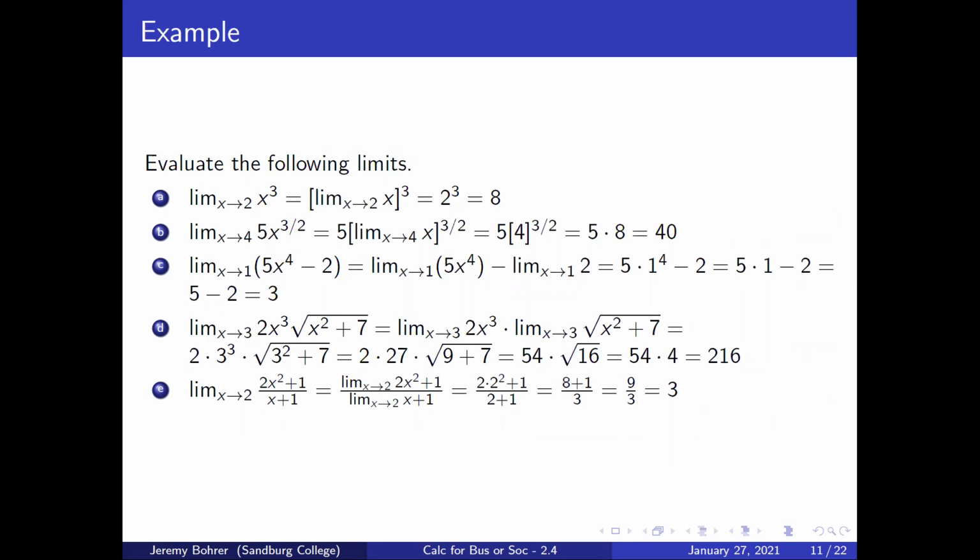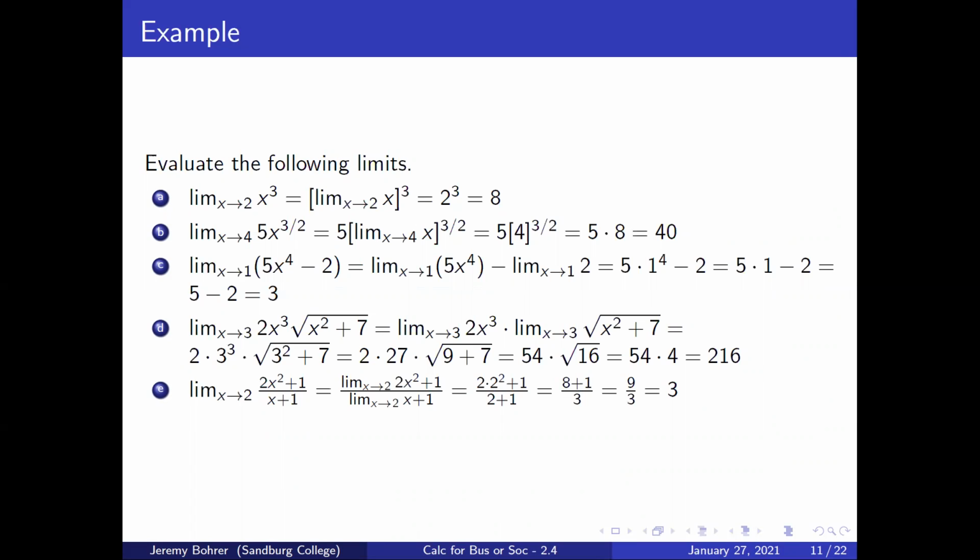The limit as x approaches 1 of 5x^4 minus 2 equals the limit as x approaches 1 of 5x^4 minus the limit as x approaches 1 of 2, which is 5 times 1^4 minus 2, which is 5 times 1 minus 2, which is 5 minus 2, which is 3.